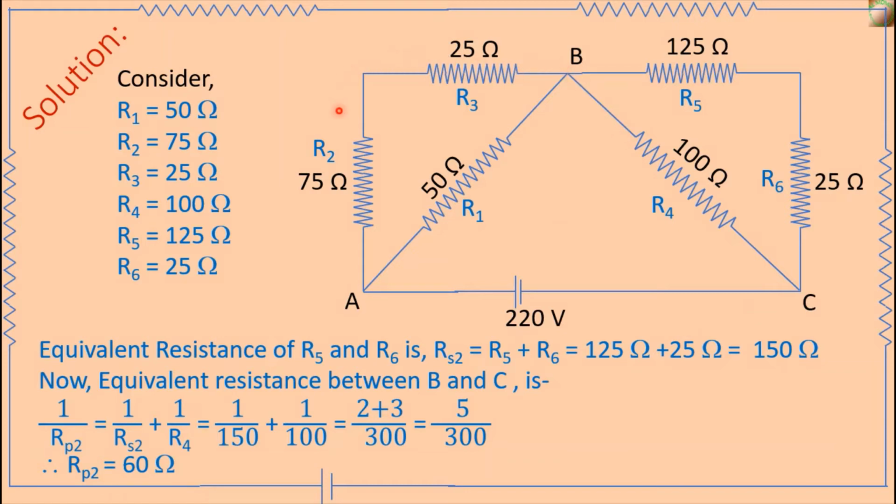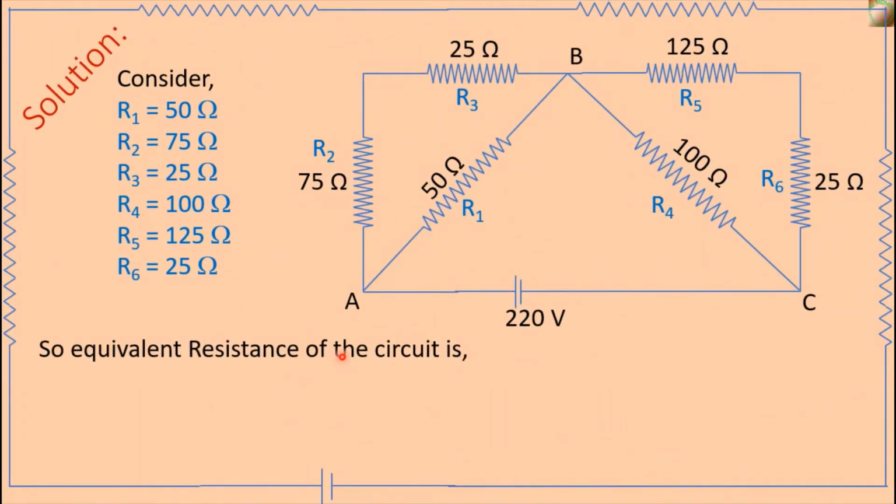The equivalent resistance between A and B is 33.33 ohm, and between B and C is 60 ohm. This 33.33 ohm and this 60 ohm are now connected in series. So we will determine the equivalent resistance of this circuit now.